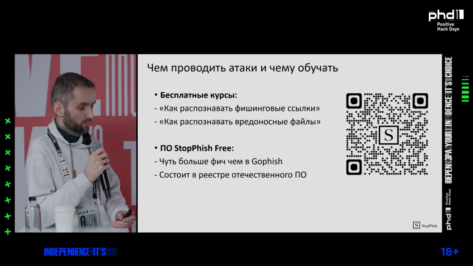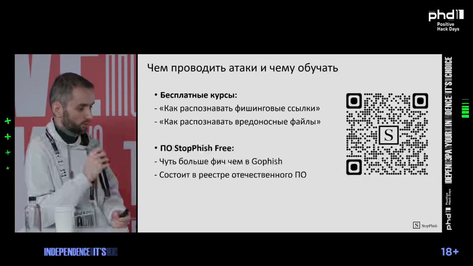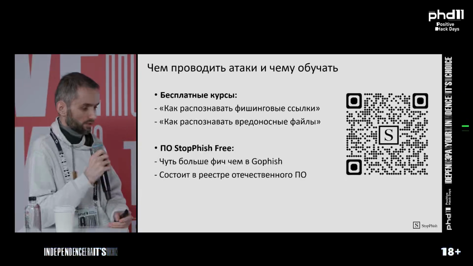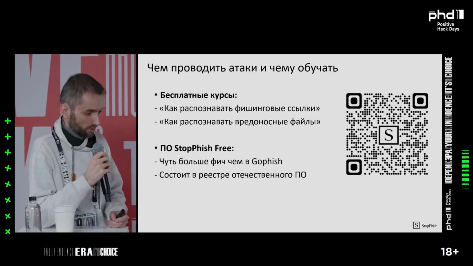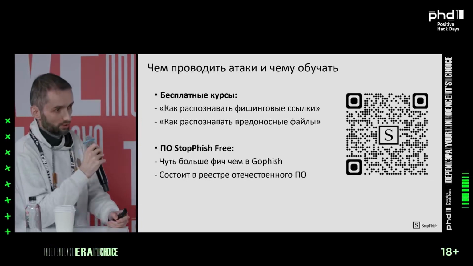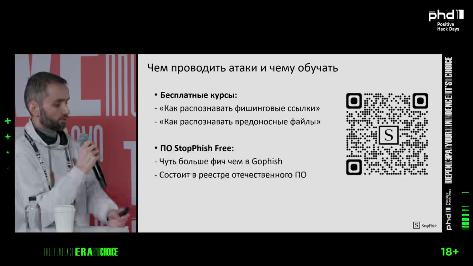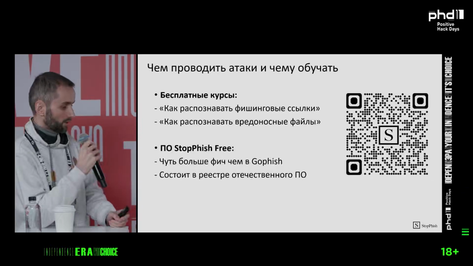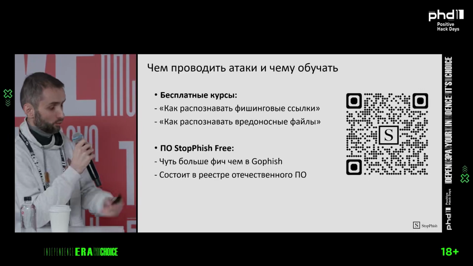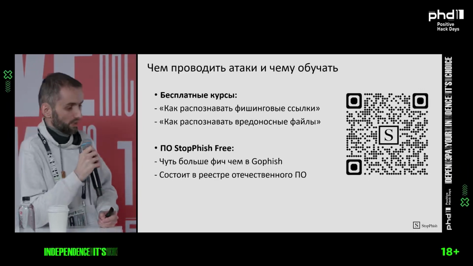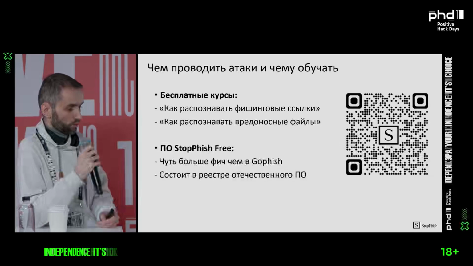There's a free tool, maybe it will help you. How to understand that the link is phishing, and how to understand that the file is malicious. And of course, Stopfish free.